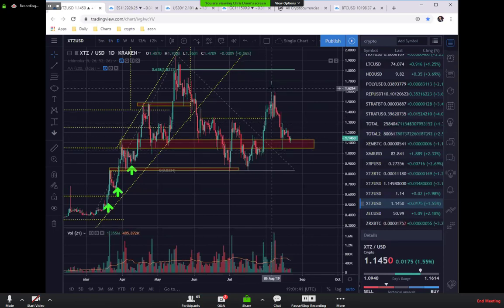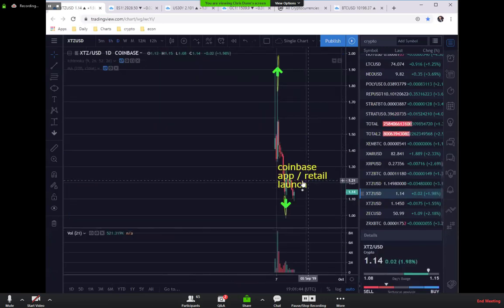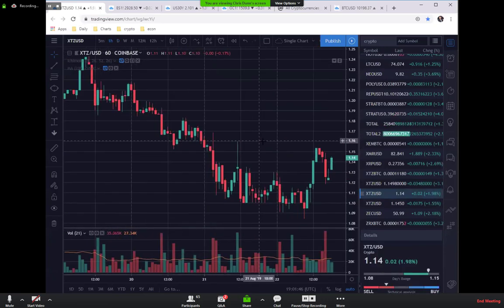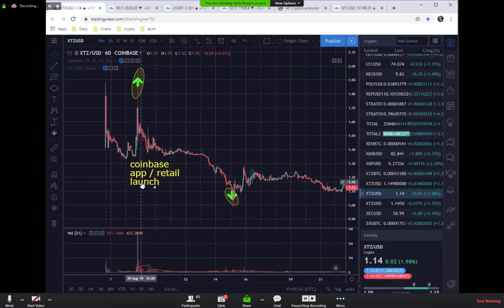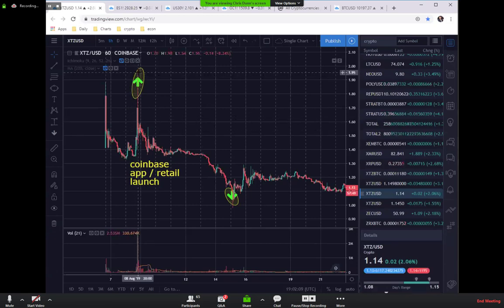The listing was obviously at the high, but what's even funnier and more interesting is that when Coinbase launched their phone app, where non-pro users could buy, we had a really, really fast arbitrage opportunity where you could buy on Kraken at like 150 or 130 at one point, and then sell on Coinbase for almost $2. Again, the ARB opportunity got eaten up really quickly because there's more traders nowadays.